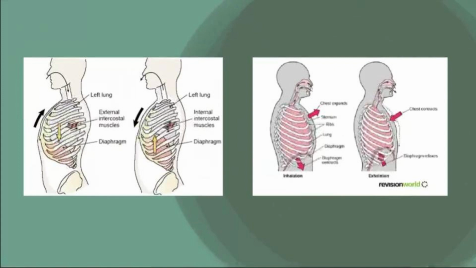So here, in terms of the intercostal muscles, the internal ones contract, whereas the external muscles relax. This then lowers the rib cage. So again, if you breathe in and breathe out, you'll feel that the ribs will lower themselves down. This is because the external intercostal muscles are relaxing.